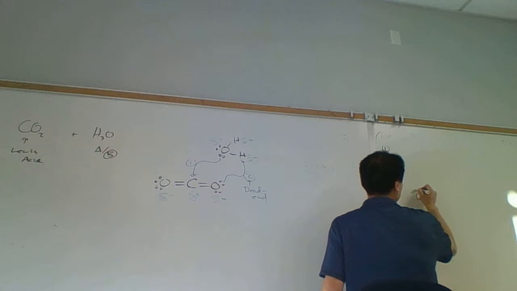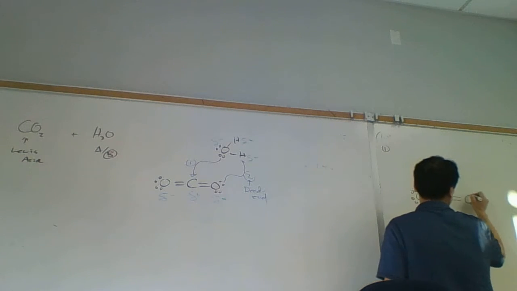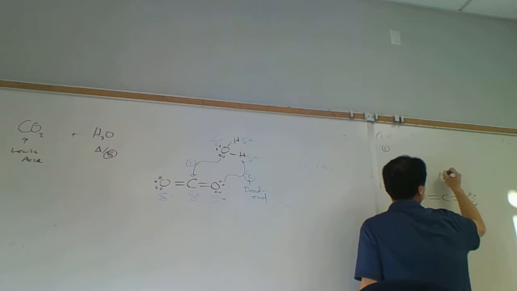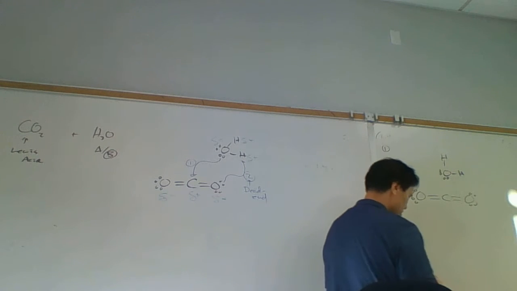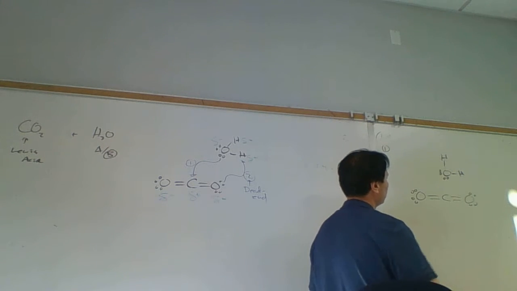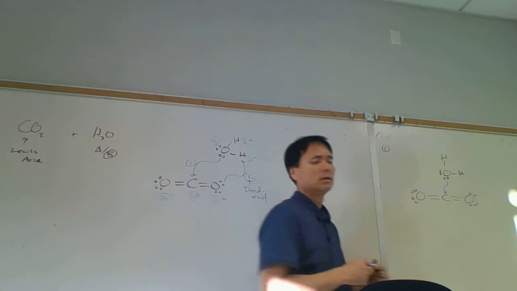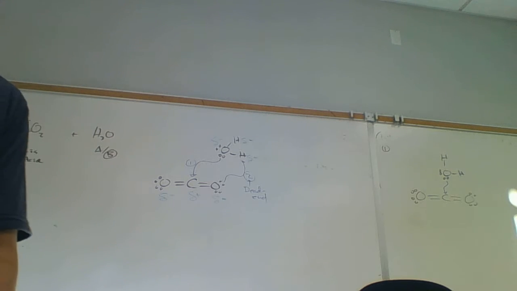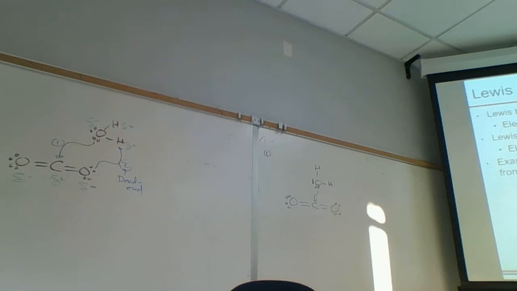So following through with one, we got a situation like this, where the water now is going to donate a lone pair. The oxygen in the water is going to donate a lone pair here to form a bond. But if the oxygen forms a bond to that carbon, how many bonds are there going to be on carbon? 5.